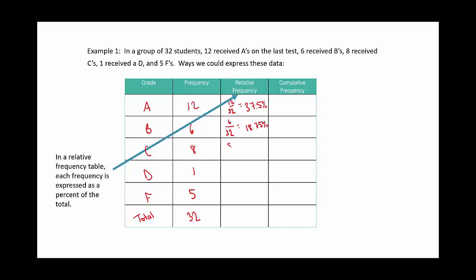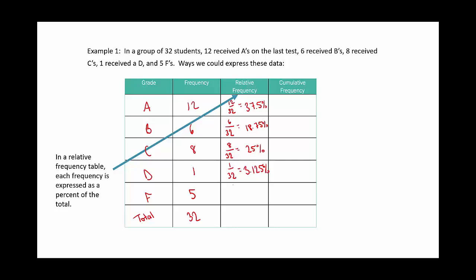There were 8 C's, so 8 out of 32. I know that 8 out of 32 happens to be a quarter, and a quarter is 25%. If you don't know that off the top of your head, you just do 8 divided by 32 times 100, and you should get 25%. The D is 1 out of 32, and 1 divided by 32 times 100 would be 3.125%.